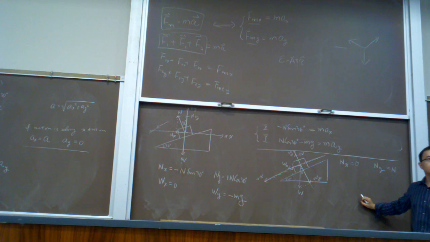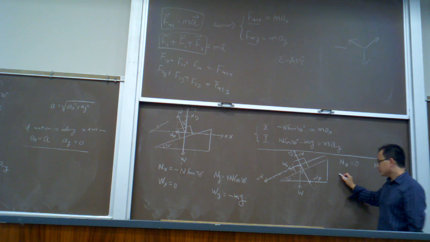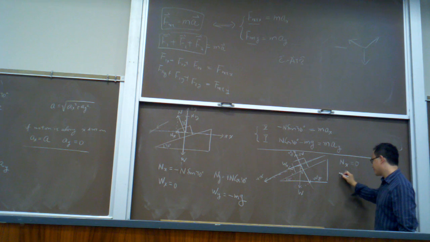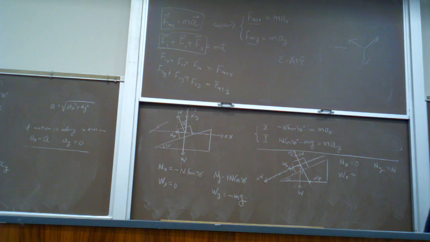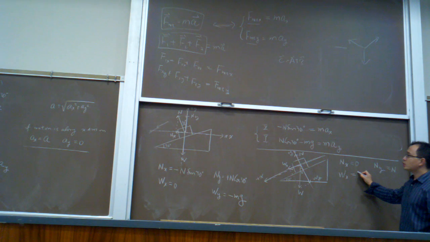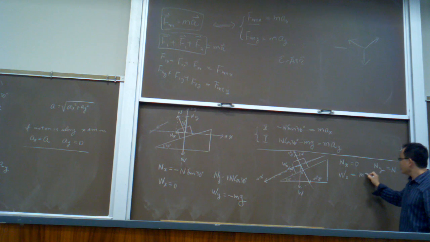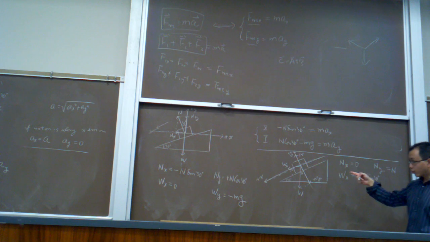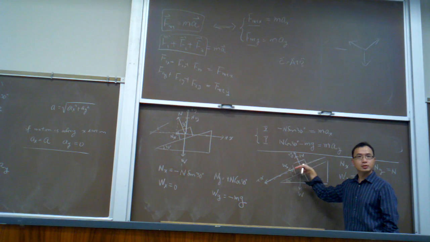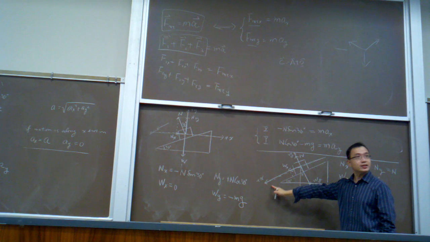In this coordinate. And then Wx in this coordinate, how do you express Wx? W sine 30, W, which is mg. So mg multiplied by sine 30, positive or negative? In this coordinate it's positive, right? Because positive is here.